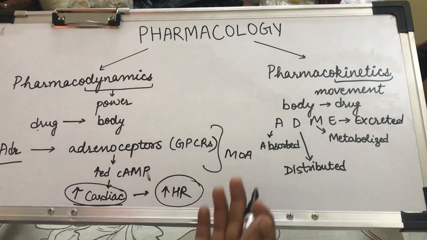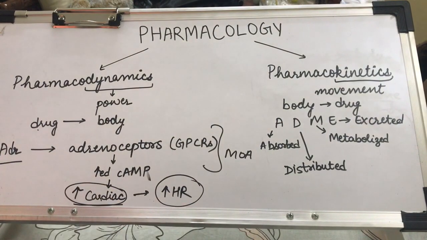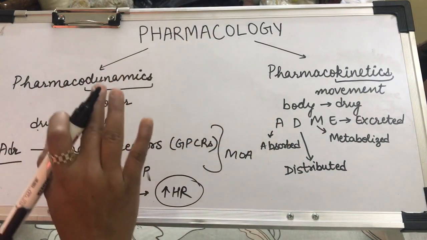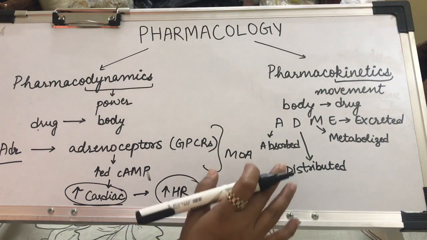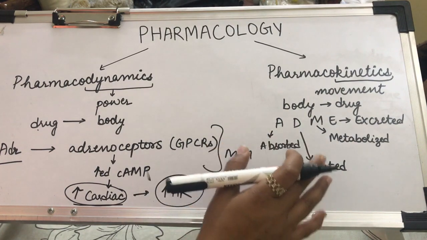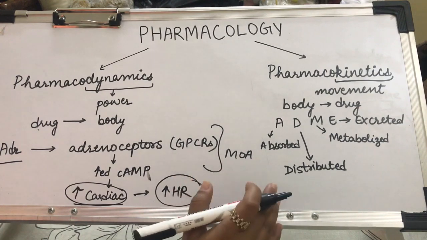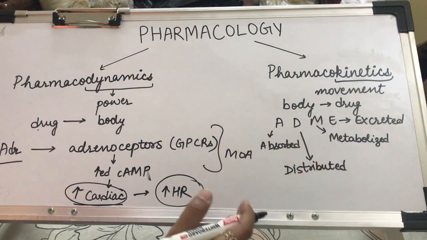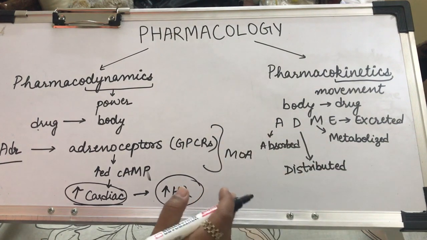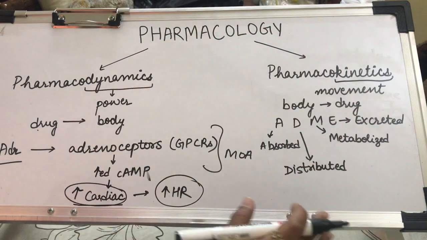For example, if you are taking paracetamol, it will be absorbed completely in your body, and your peak blood levels will be reached within 30 to 60 minutes, and it is 25% bound to your plasma proteins, and it is widely distributed in the body.